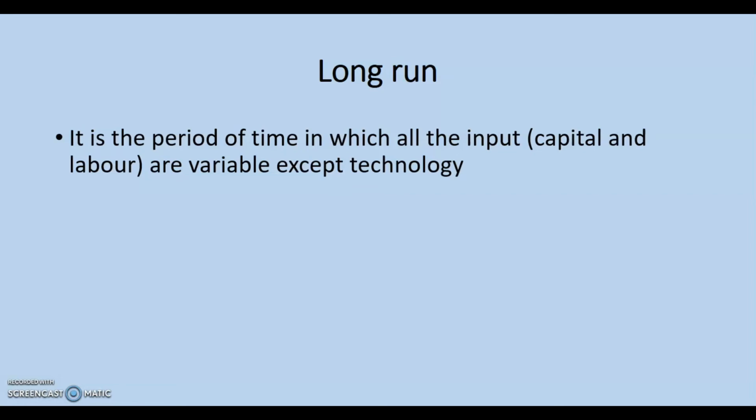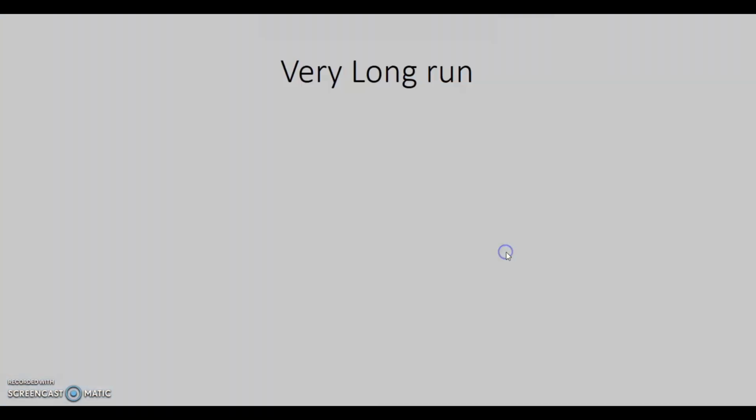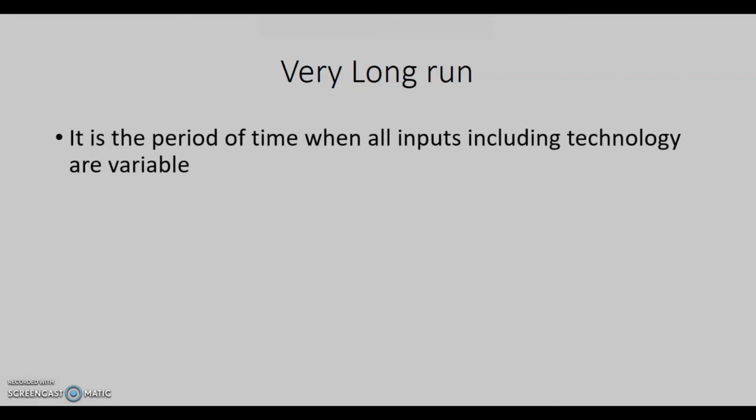So we move on to the last time period, which is the very long run. With this, it is the period of time when all inputs, including technology, are variable.